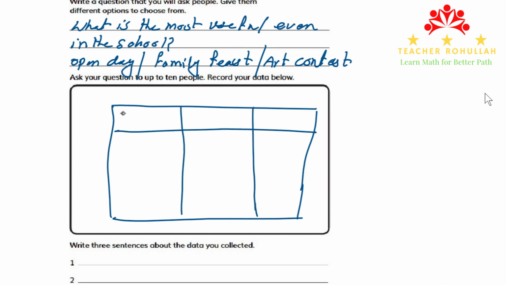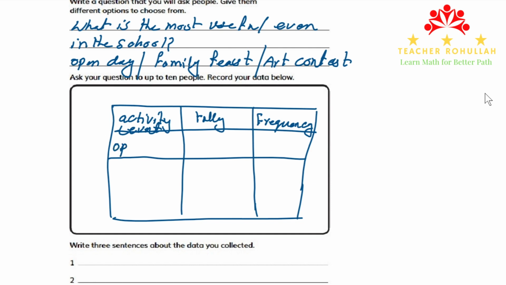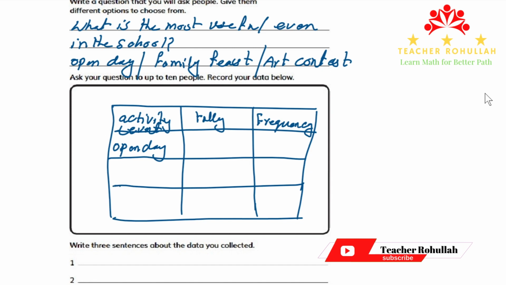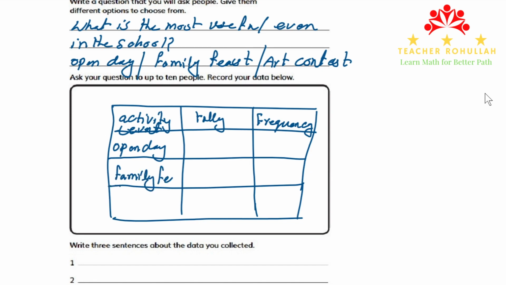Here I will choose the event, or the activity, here trolley, and here frequency. The first one is open day, the second one is family feast, and the third one is art contest.